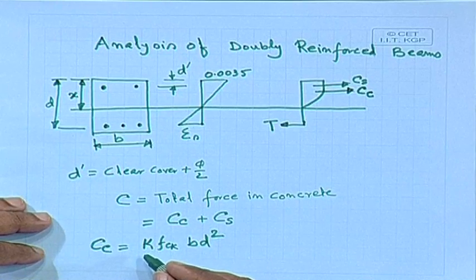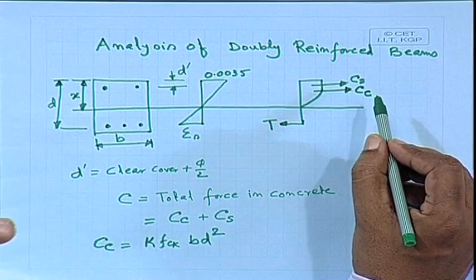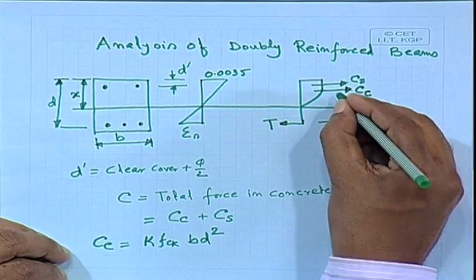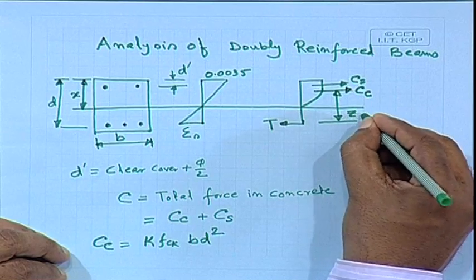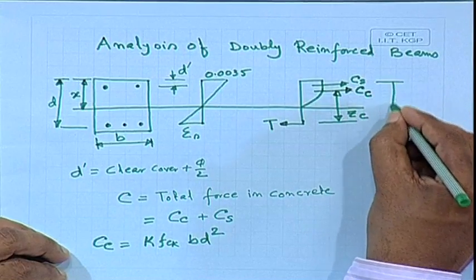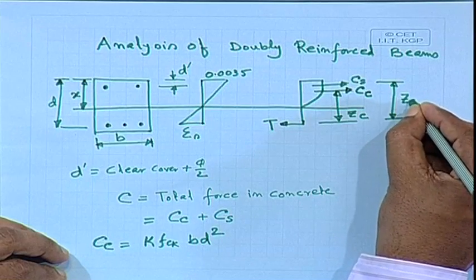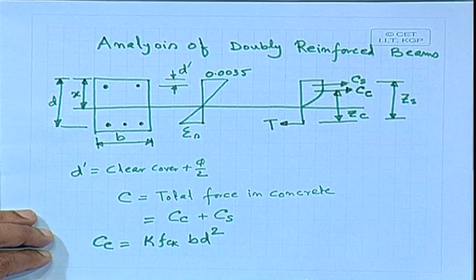K 0.138 FCK BD square if it is Fe415, and the Cs is nothing but the stress in steel multiplied by the area of steel in that zone. And we have two lever arms. One lever arm, let us say ZC, and the other lever arm, let us say ZS.